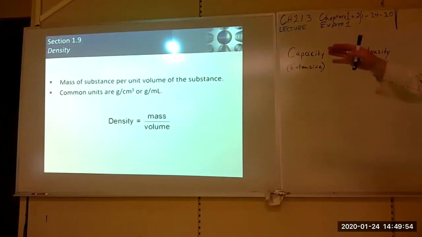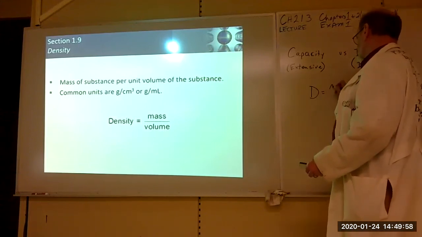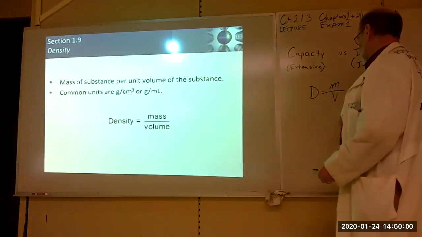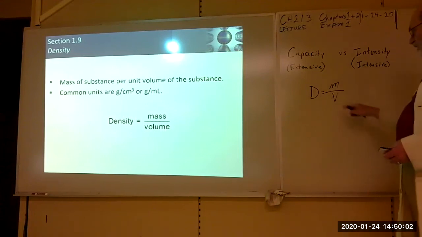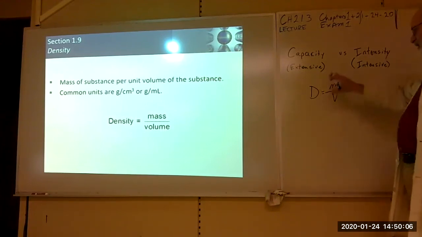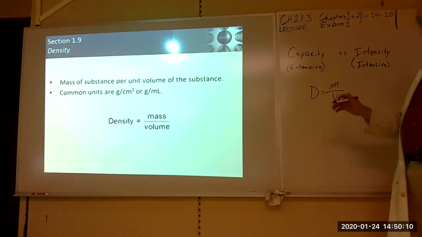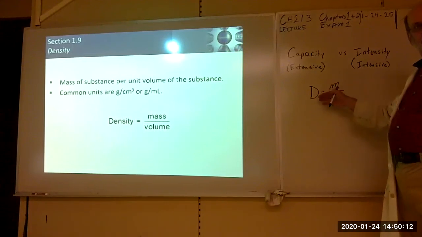Okay, so sometimes it's written D equals M over V, mass divided by volume. The thing about formulas like this is you can solve them for any unknown. Like we have 3 variables, density, mass, volume.